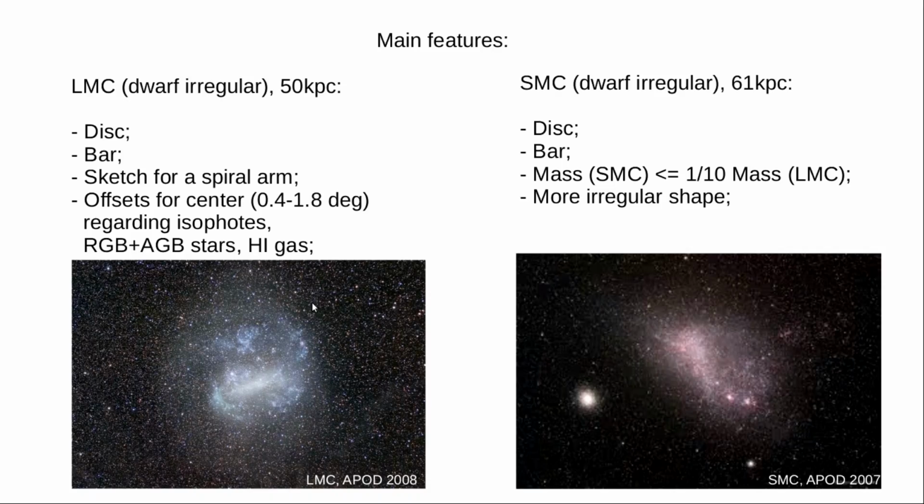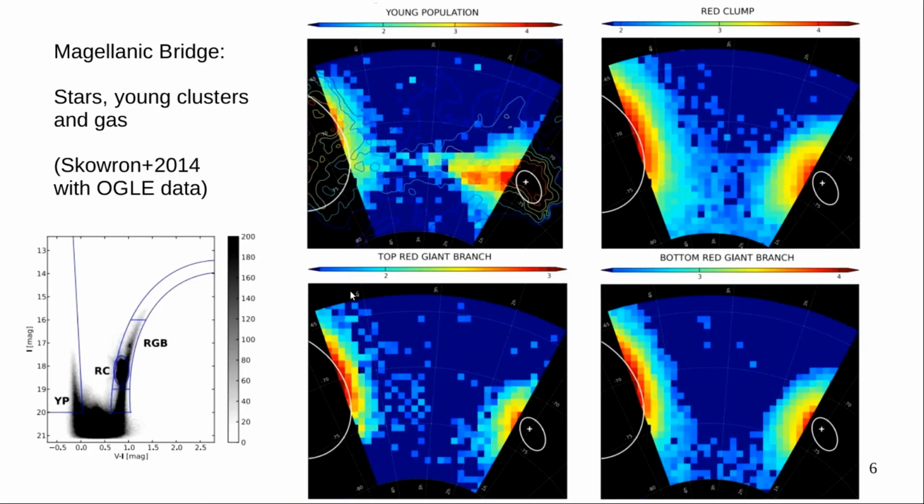Here I start to present the more recent and more significant works about the Magellanic System. Using DES data, the Magellanic Bridge is clearly seen as an overdensity made of young stars. The paper published by Skowron shows the distribution for young population, red clump stars, and red giant stars.